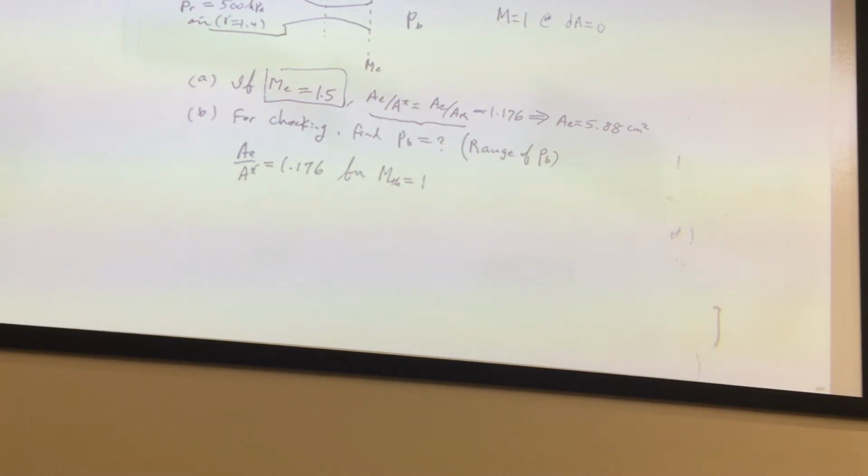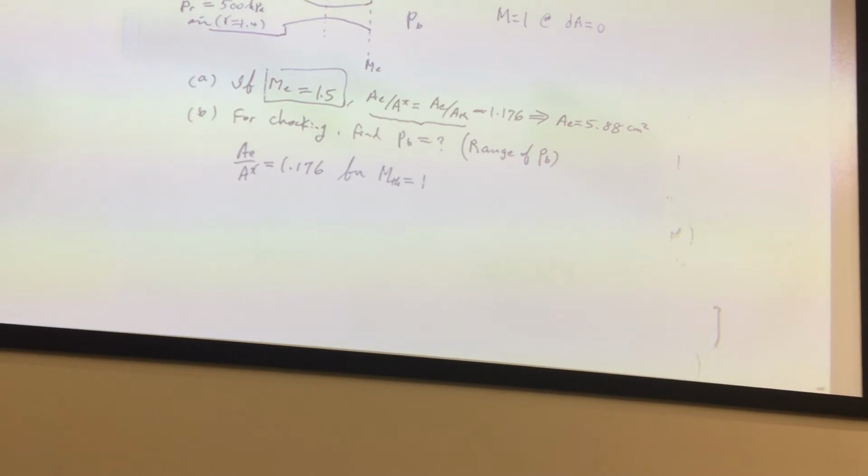Make sense? So remember, for the same area ratio, the flow can be supersonic or subsonic, based on your pressure ratio, right? So in part A, we are looking for a supersonic exit. In part B, we said for the same geometry, if it's going to be choked with a subsonic exit, what will the back pressure be?